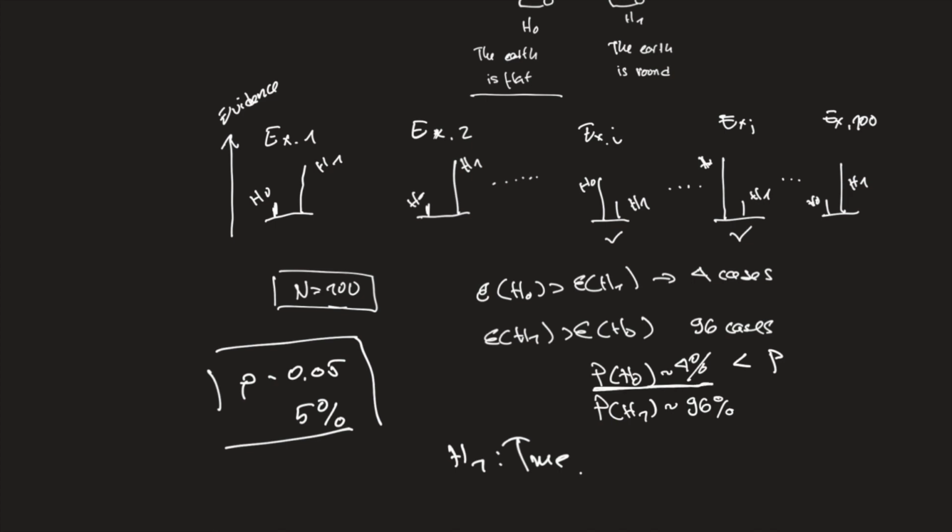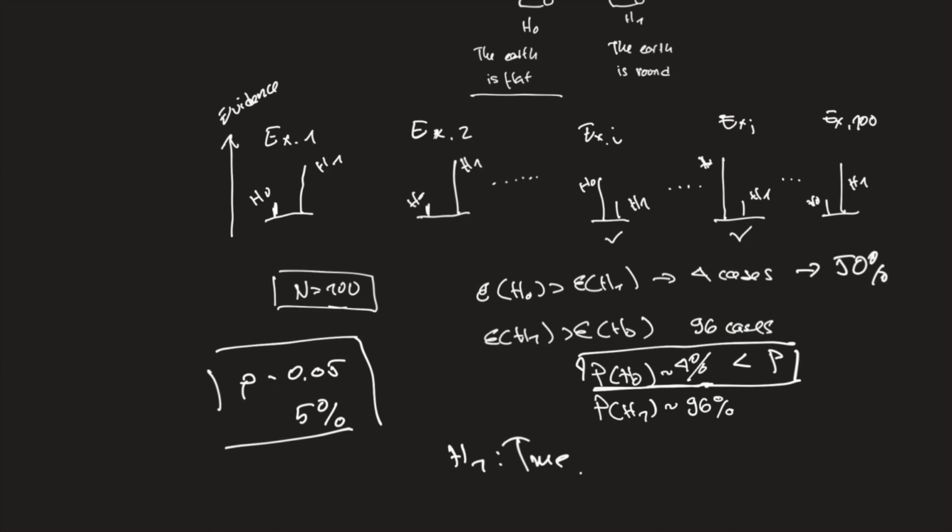And if we meet this condition, then we say, you know what, I think the Earth is rounded. If we would have found more cases, say that instead of 4 cases it would have been 50 cases, half of the cases, then we have a strong suspicion that the data is not telling us that, in fact, the Earth is rounded.